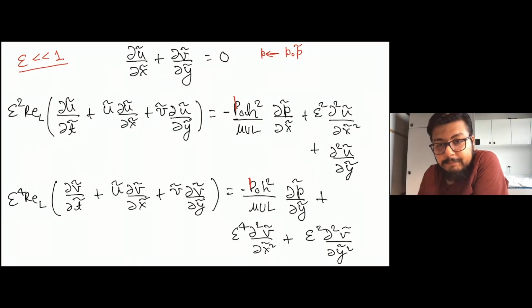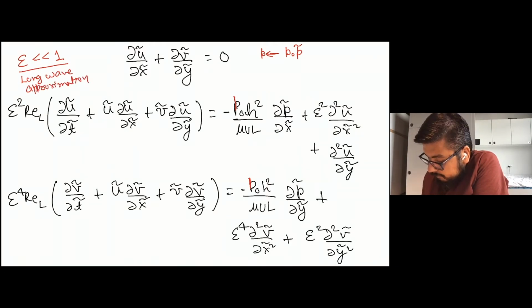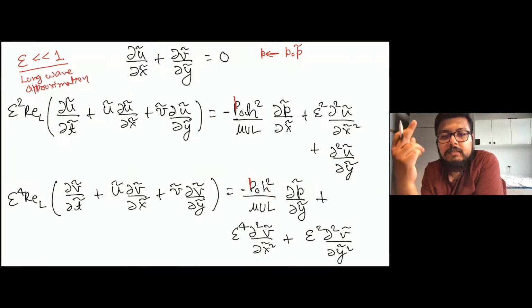By the way, this is also known as the long wave approximation. So the long wave approximation, the lubrication approximation, or the thin film approximation, all three terms mean the same thing, that we are going to introduce epsilon, which is the ratio of the length scales, and we are going to assume that this epsilon is way smaller than 1.